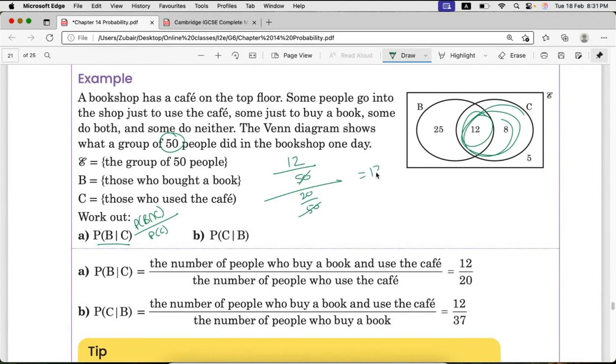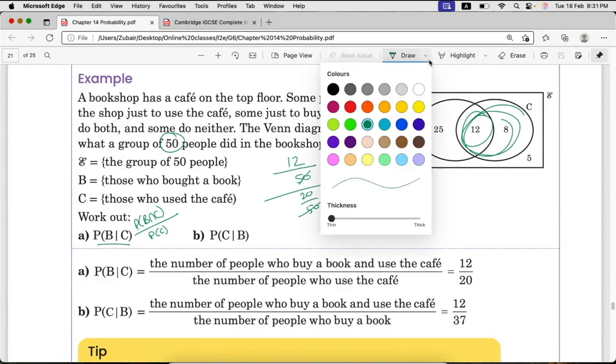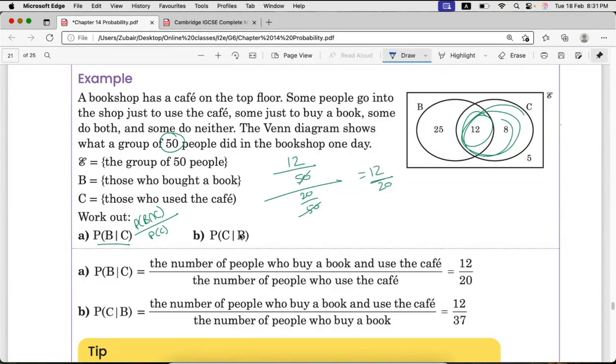The 50 cancels out, giving 12 by 20. Then C given B: the numerator is again the intersection part, B intersection C, which stays the same, 12 by 50, and the probability of B is 25 plus 12, which is 37. So 37 by 50, the 50 cancels out, giving 12 by 37.